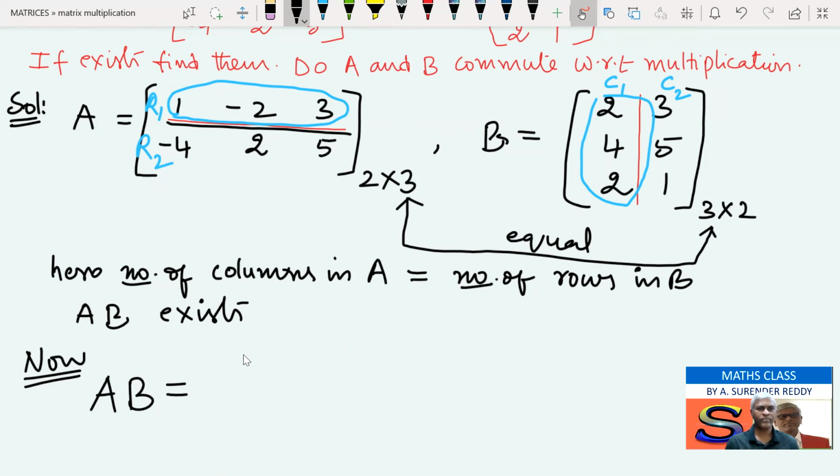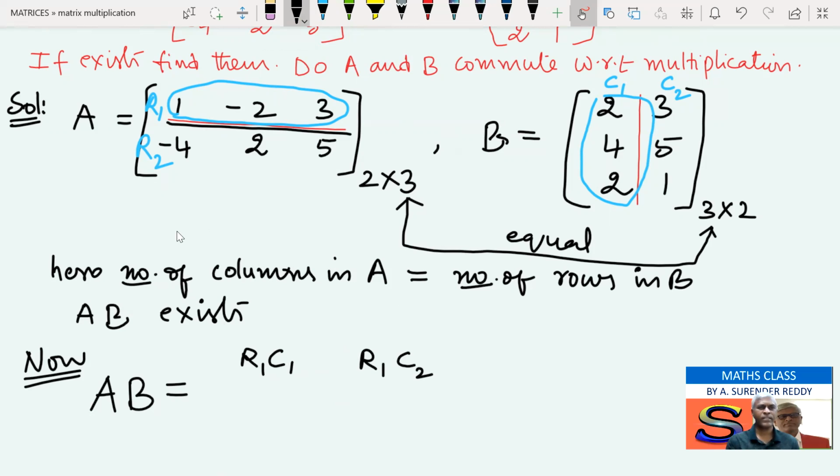First, you take R1 and multiply with C1. Next, take R1, multiply with C2.